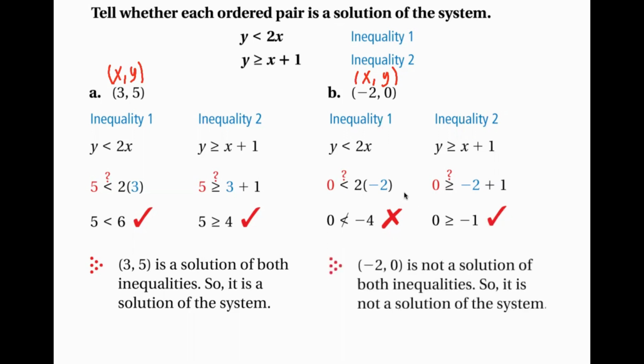However, negative 2, 0 is not a solution of both inequalities. And remember, for an ordered pair to be considered a solution, it has to be a solution of both of the inequalities within the system. So, negative 2, 0 is not considered a solution of the system.